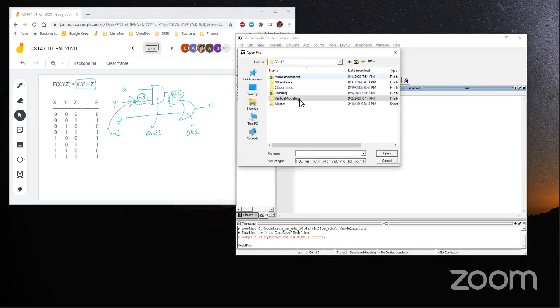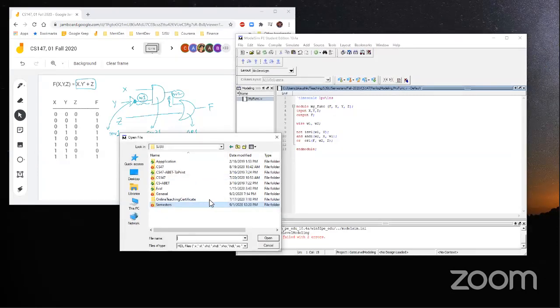Let me open up one file and see. Is that backtick, the apostrophe-looking thing before timescale, supposed to be there? Yeah, that backtick's supposed to be there.